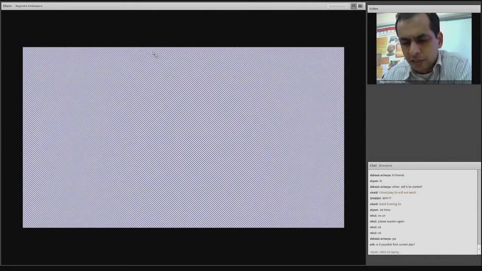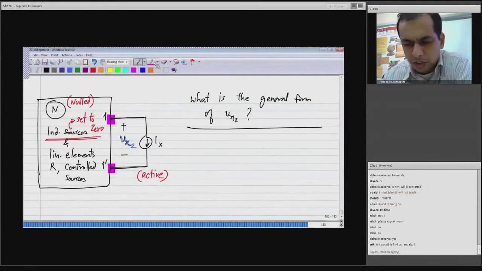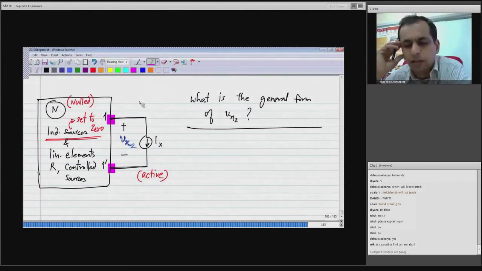That is, we are now talking about a circuit which has only linear components and all the independent sources are set to 0. So we have a single independent source Ix. What I would like you to answer is, what will be the general form of Vx2? Okay, meaning how would it be related to Ix?